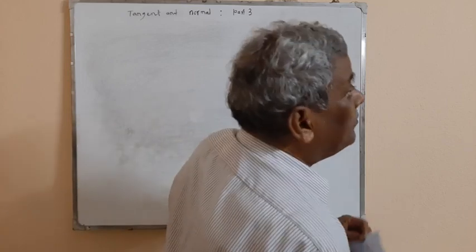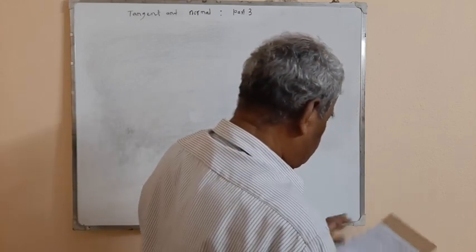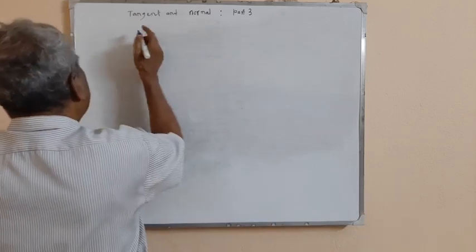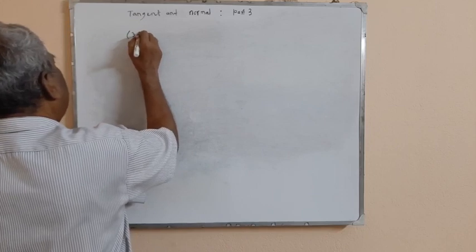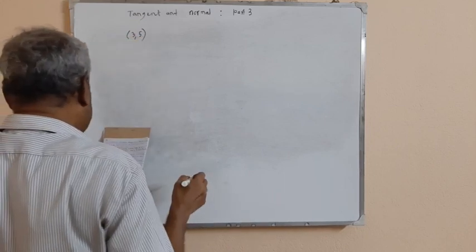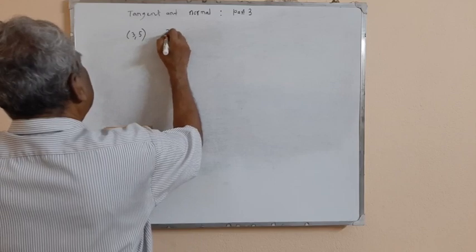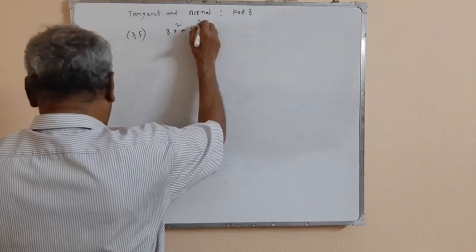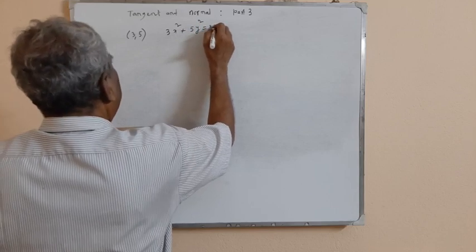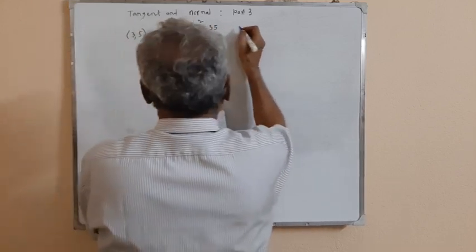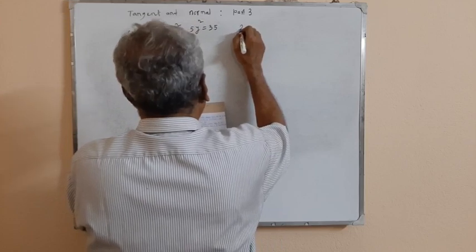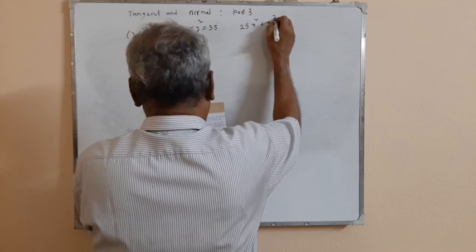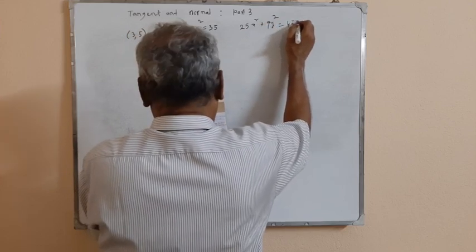Our next problem. Total number of tangents through 3, 5 that can be drawn to 3x square plus 5y square is equal to 35 and the other is 25x square plus 9y square is equal to 450.